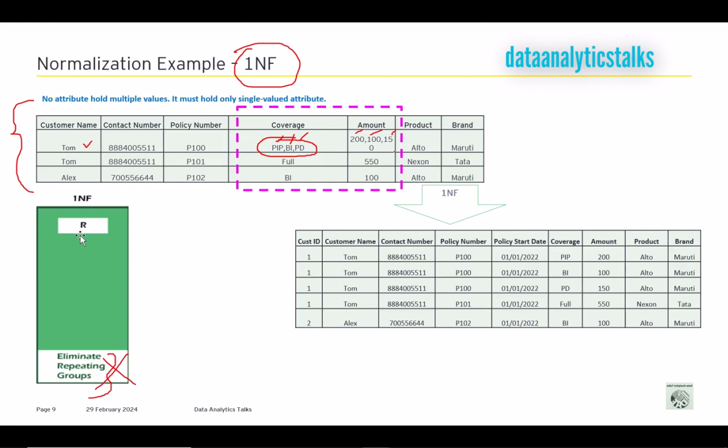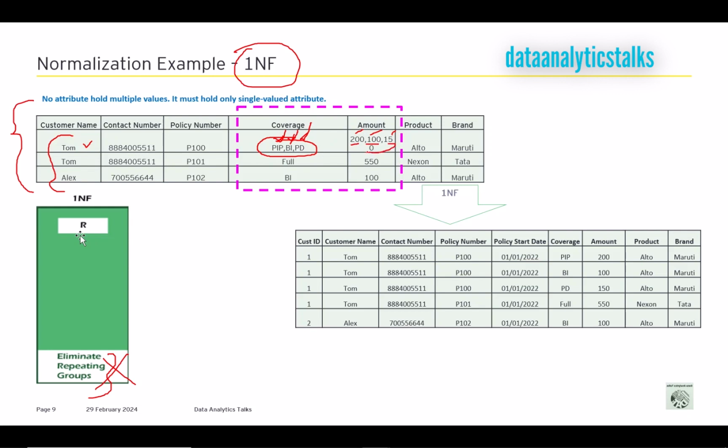So what are we doing in 1NF? We are going to eliminate these repeating groups. Suppose we have 3 coverages here. To eliminate this repetition, I need to split these into 3: one record for PIP, one record for BI, one record for PD. When I split these 3, the amounts 200, 100 and 150 also become different rows.